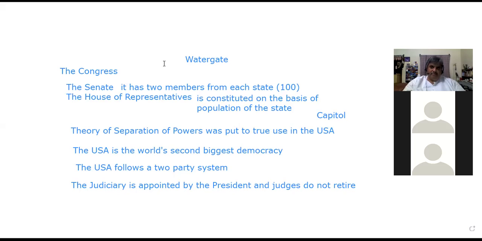Okay, that it represents the states is something that you don't witness at all, or very rarely you witness that.